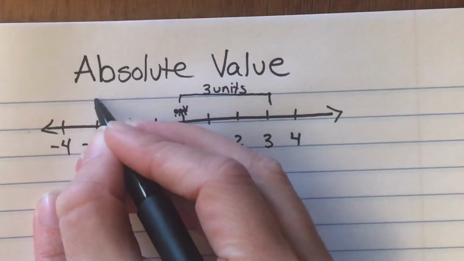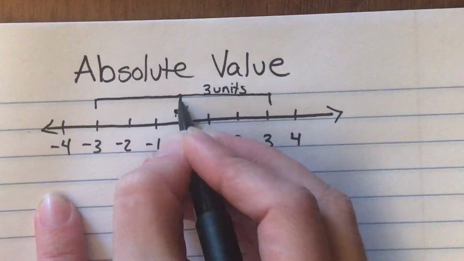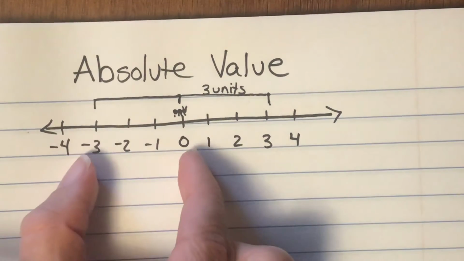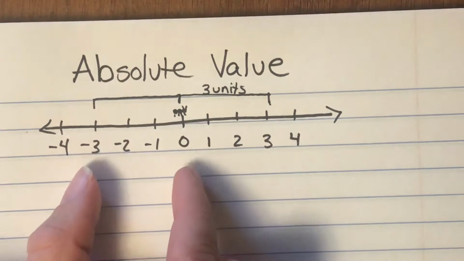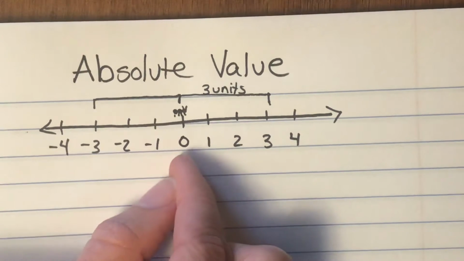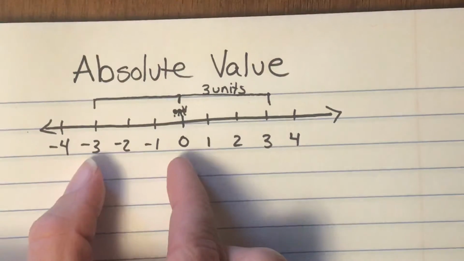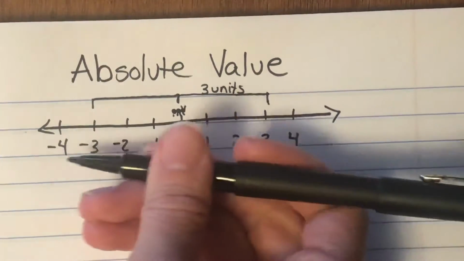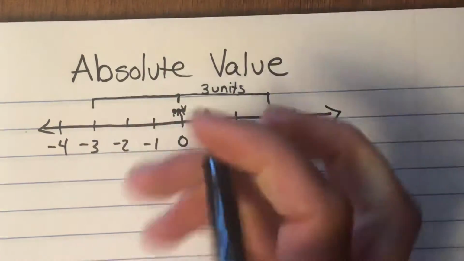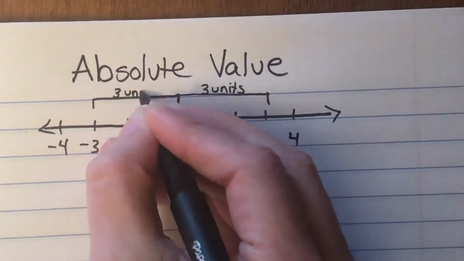So he's going to end up here this time. And so again, he's starting at 0 and he's walking to negative 3. How far would you say that he walked? Would you say that he walked negative 3 units? Well, no, there's no such thing as walking a negative distance, right? Even though he's going in the left direction, he still has to travel 1, 2, 3 units.